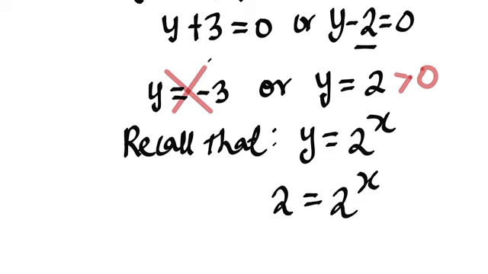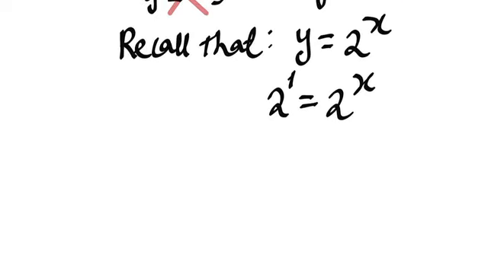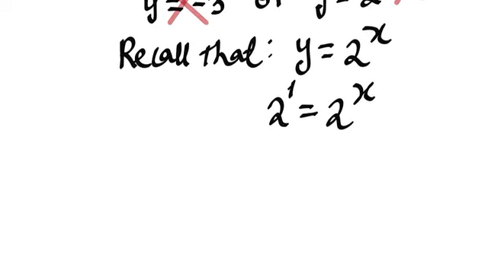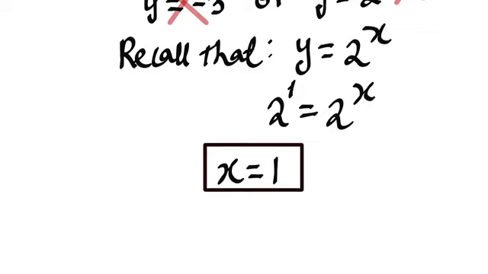Now 2 ordinarily has the power 1 here. So we are going to have x equals 1. Are you getting it now? And that is our solution. So we have our solution to be that.